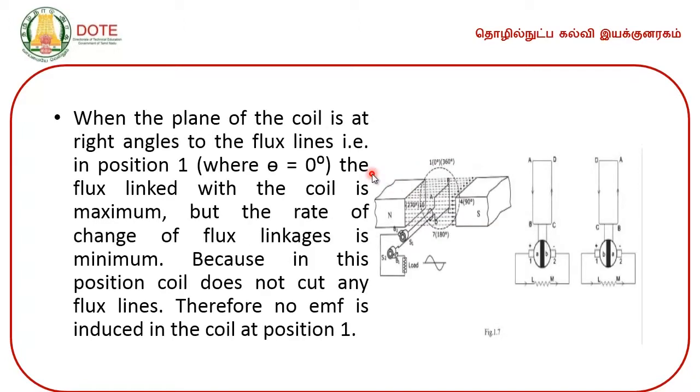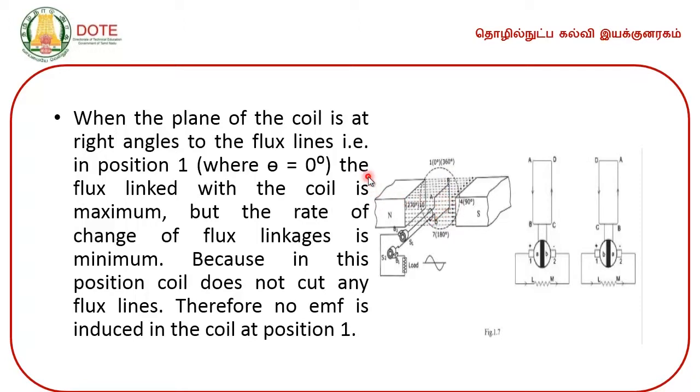When the plane of the coil is at right angles to the flux lines, that is in position 1, where theta is equal to 0 electrical degrees, we are going to assume the coil side AB is at the top and the coil side CD is at the bottom.